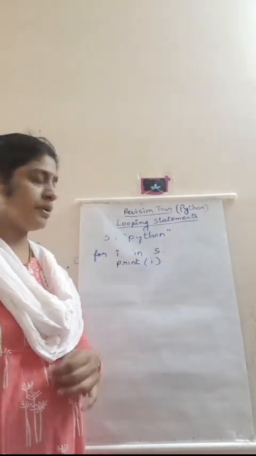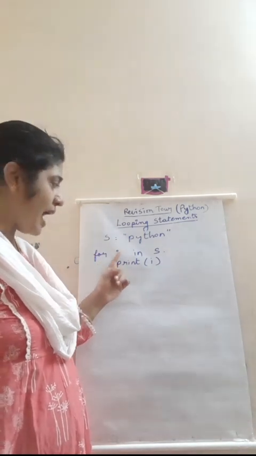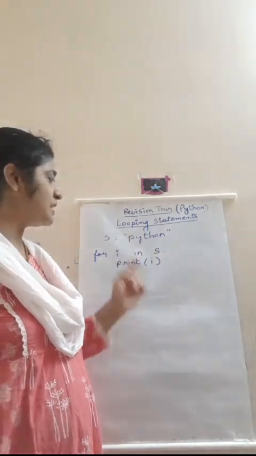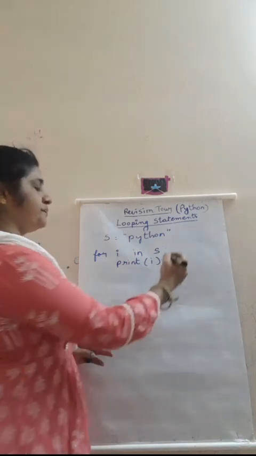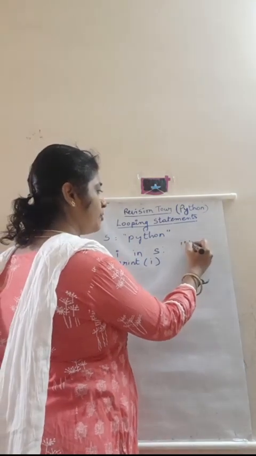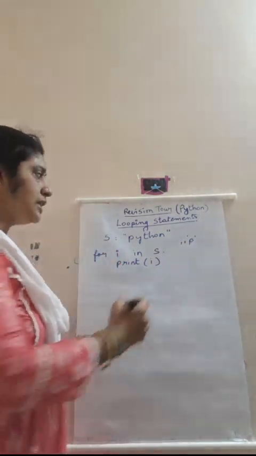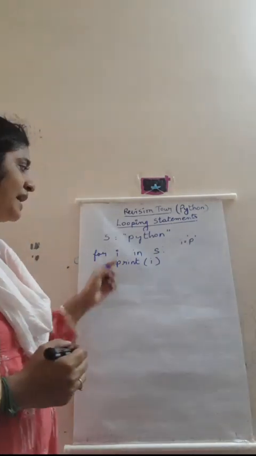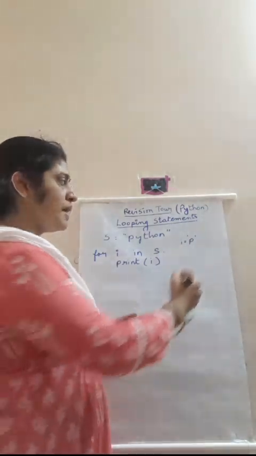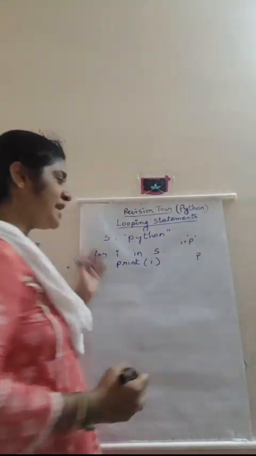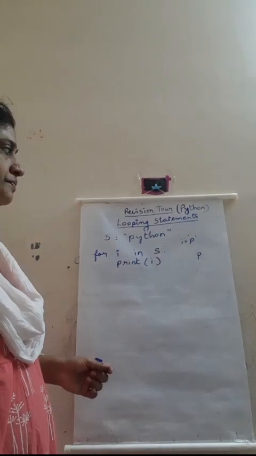Using the for loop. For i in s, the first value of i would be the character p, and it will display i. The output would be p. And next time the i value would be y.